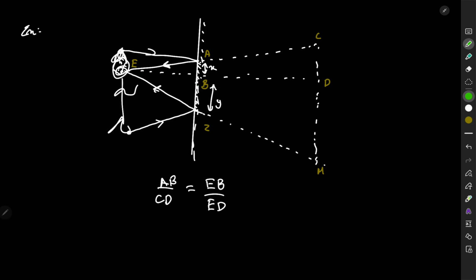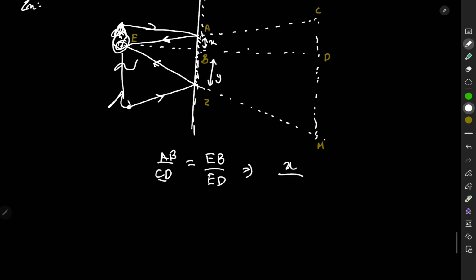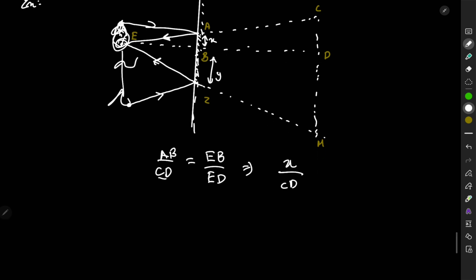Hope you understand. Fine. Now we have taken AB, which is X, as we have marked there. And what is CD? Okay, let's have this CD itself. CD is equal to EB.